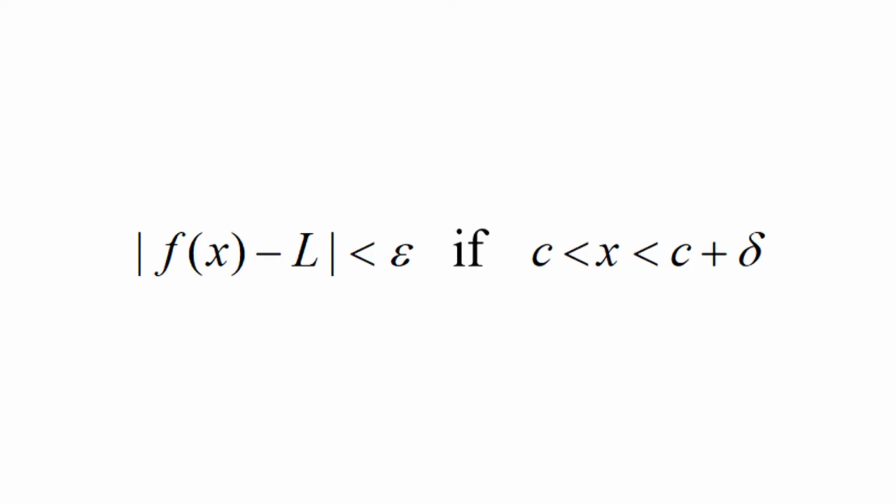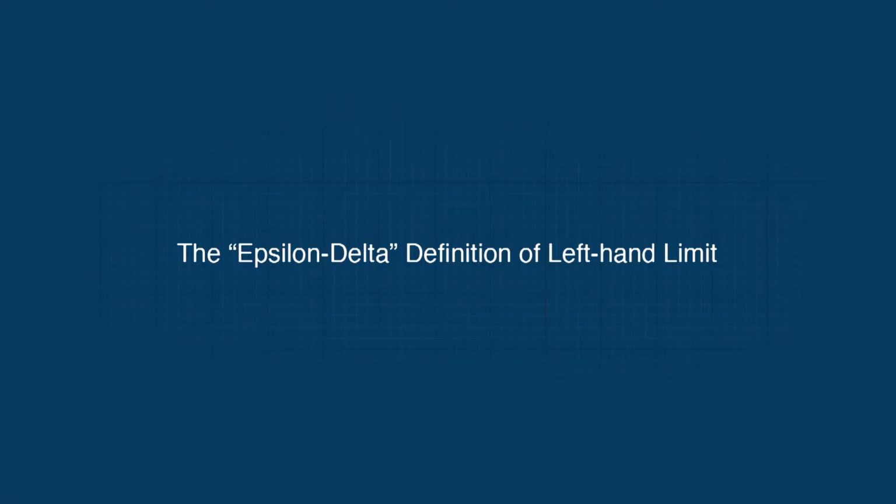Equivalently, if for every number epsilon > 0, there exists a corresponding number delta > 0 such that |f(x) - L| < epsilon if c < x < c + delta.